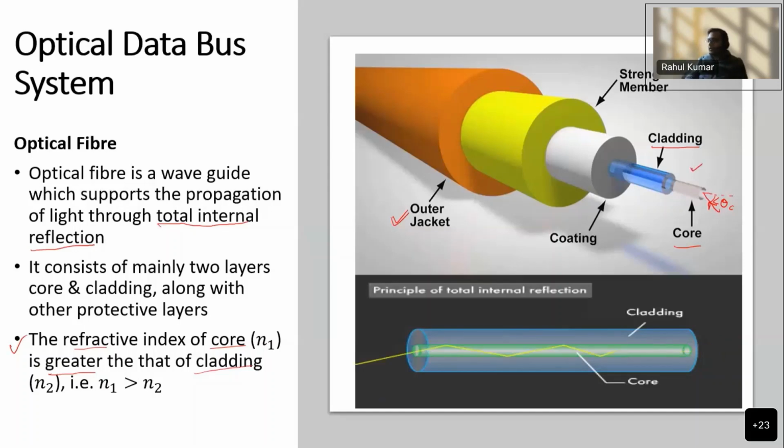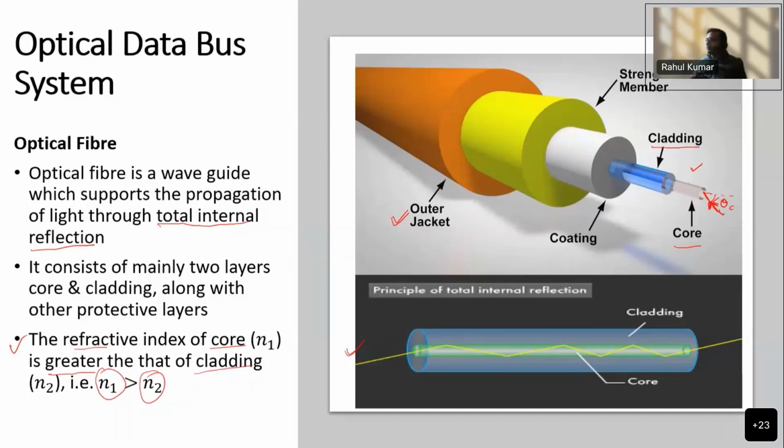The core has a refractive index greater than the cladding, and the angle of incidence is greater than the critical angle. So the light, as you can see in this animation, would propagate by multiple total internal reflections throughout the length of the optical fiber.